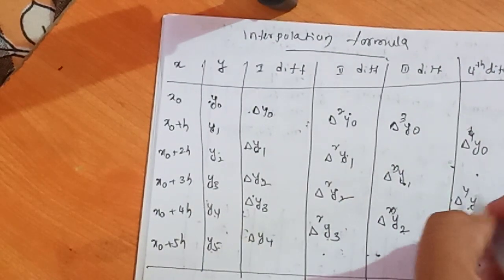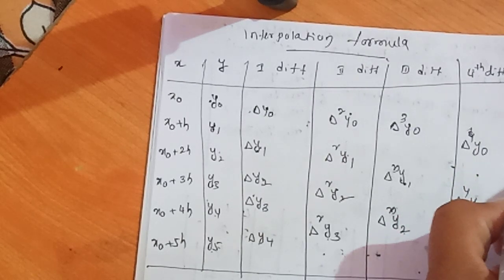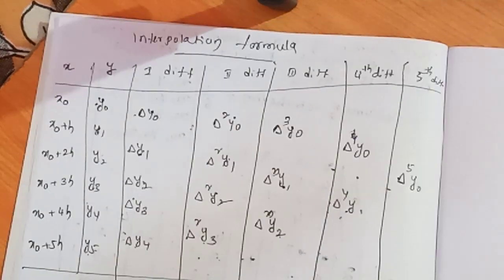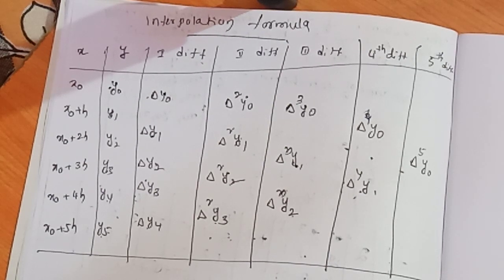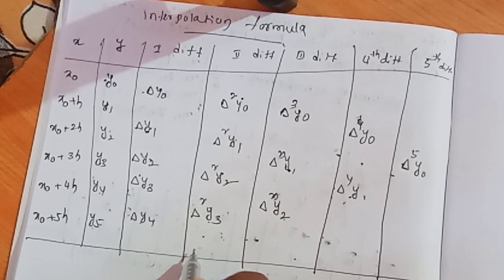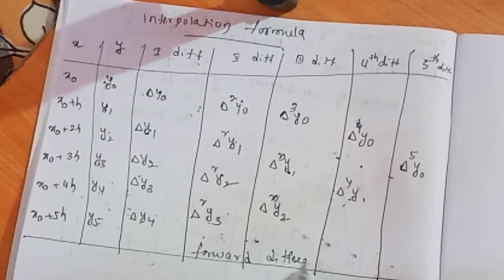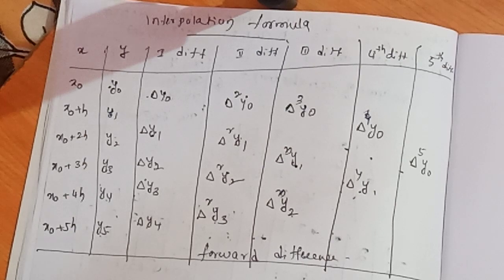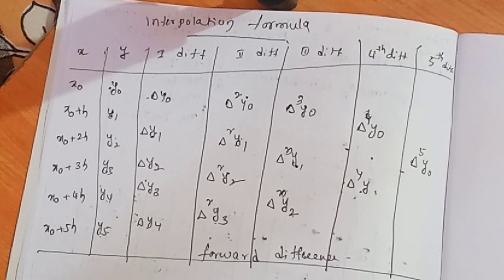Now the fifth difference: delta 4 y1 minus delta 4 y naught equals delta 5 y naught, in such a way. Alright, so this we call forward difference.